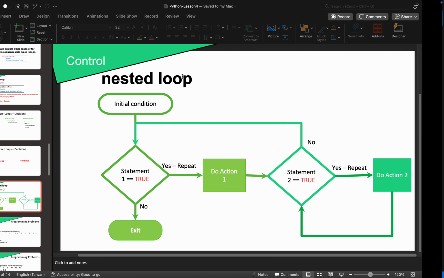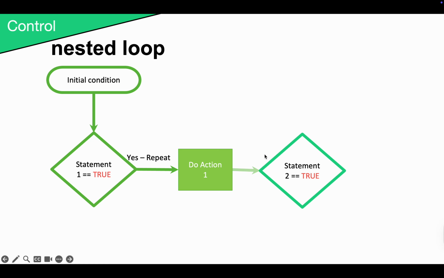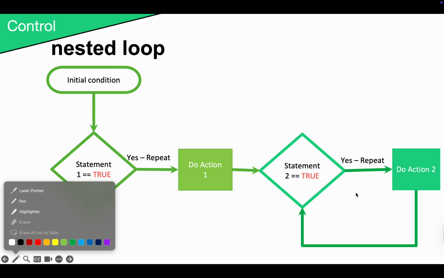And okay, going back here, we have nested loop, which is a loop within a loop. So we have an initial condition and we have to repeat this, and within this action we need to do things over and over again as well.